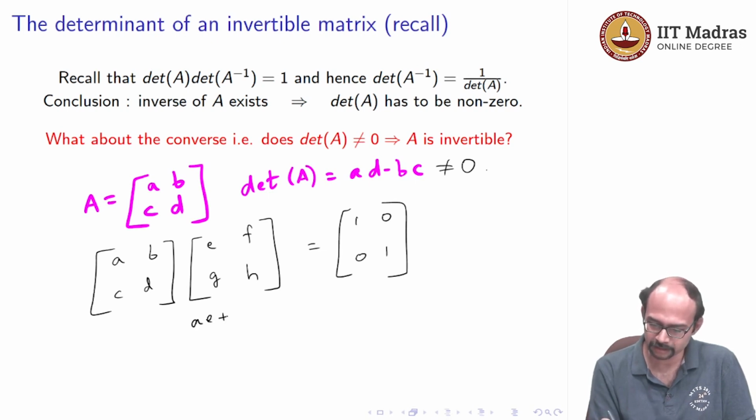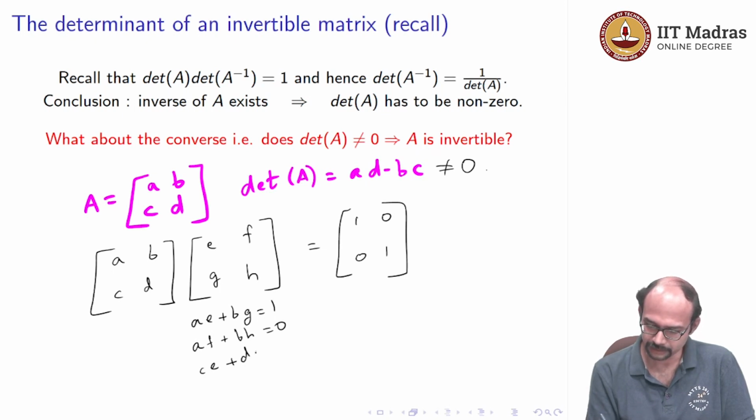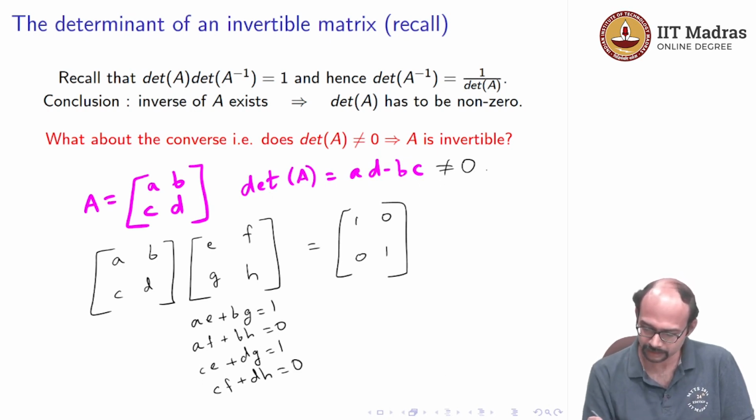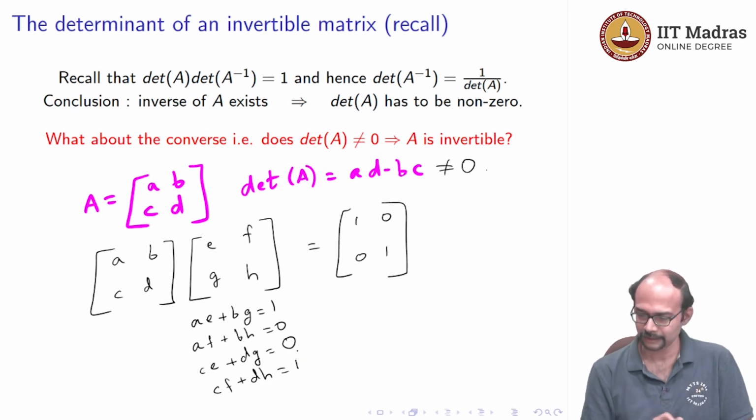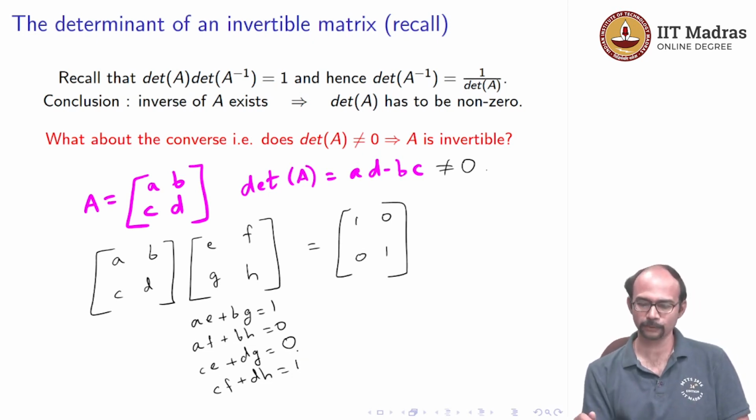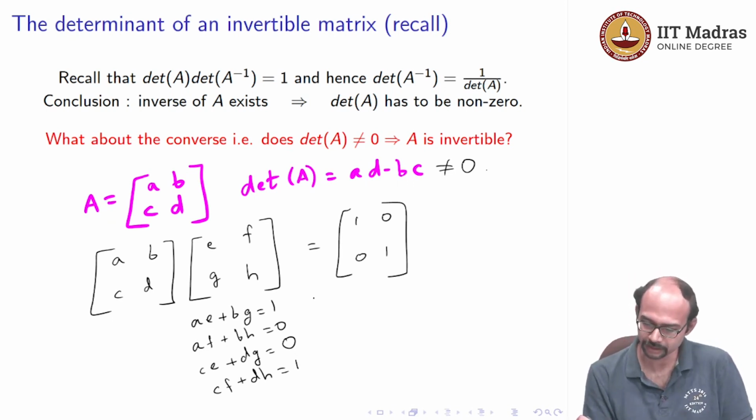I get ae plus bg is 1, af plus bh is 0, and then ce plus dg is 1, and cf plus dh is 0. My bad, ce plus dg is 0 and not 1, and cf plus dh is 1. Okay. Right. So, these 4 equations are what we get by multiplying the left hand side. That is how we do product of matrices.